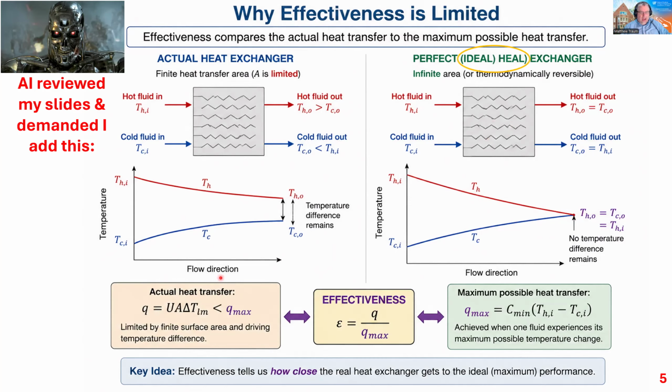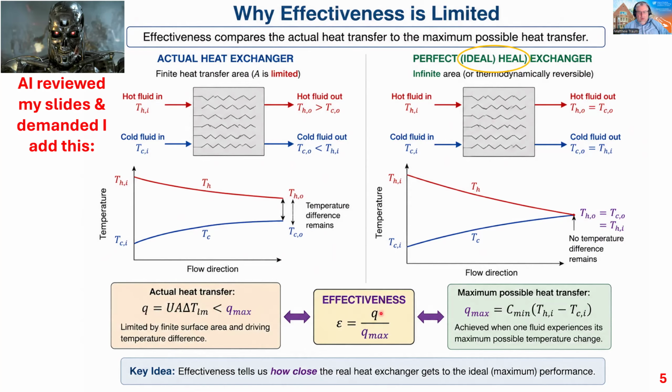So the AI would like you to know that the actual rate of heat transfer, which is UA delta T log mean, which we figured out in the log mean temperature lecture 7, is less than the maximum. So we can take the ratio of the actual heat transfer and the maximum and get this thing called effectiveness.